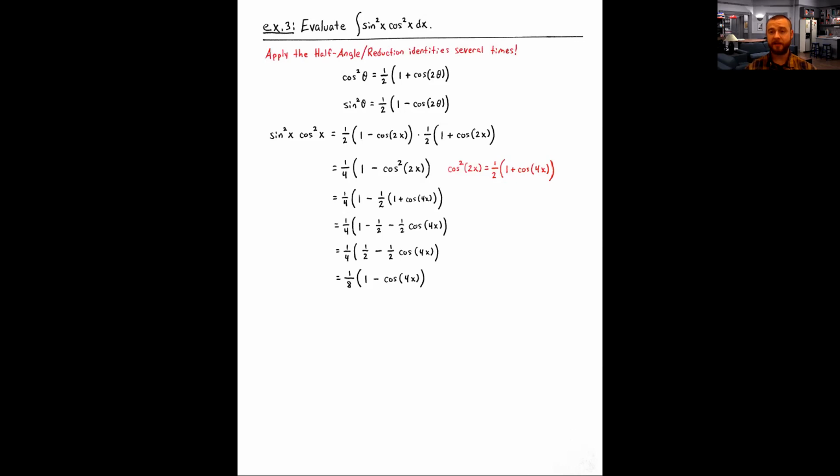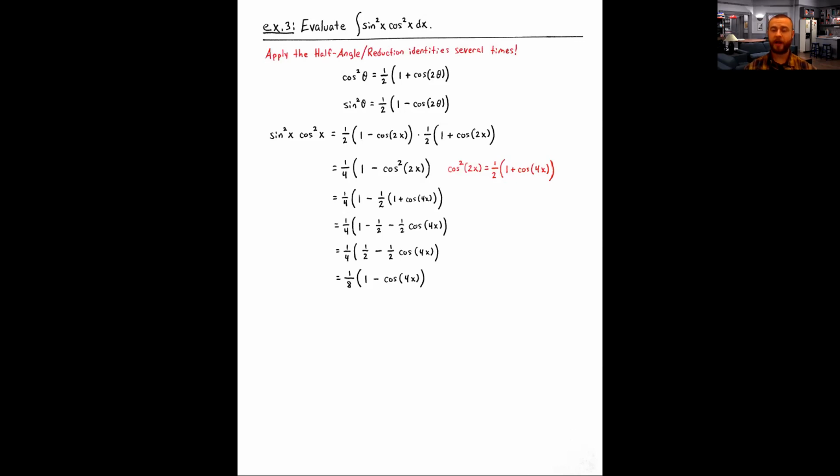We can combine 1 minus 1/2, that's positive 1/2, and then inside the parentheses, we can factor out a factor of 1/2. And if you pull that out front, 1/2 times 1/4 will give you that factor of 1/8.